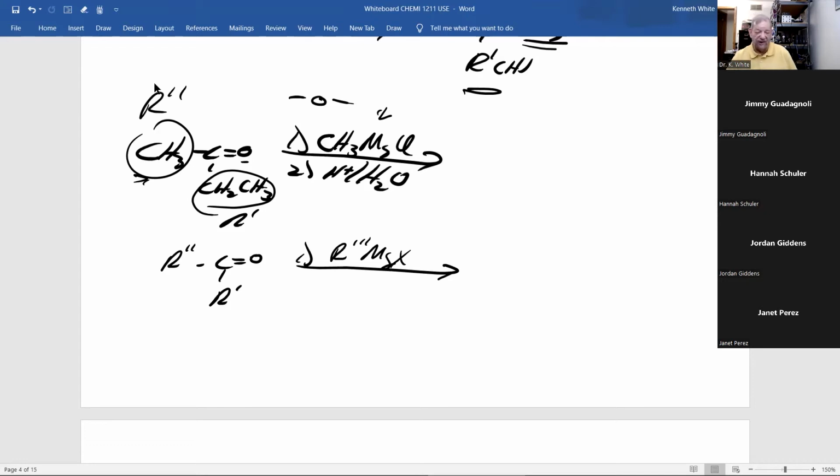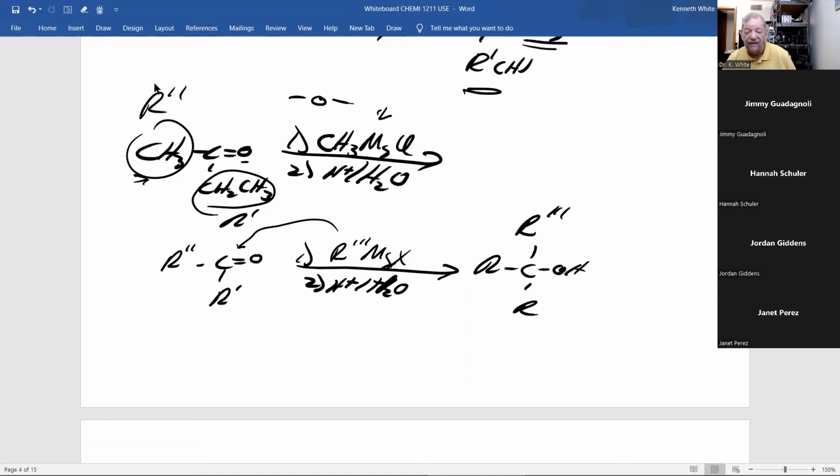The Grignard reagent. Second step, acid and water. And remember, this attacks that, and then it gets a proton, and you make an alcohol. And that's what you get.